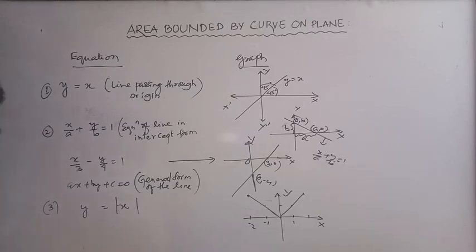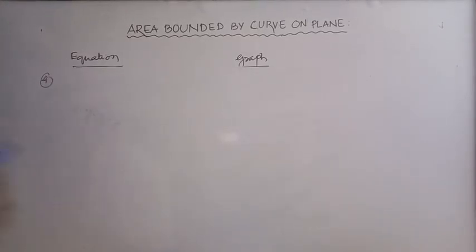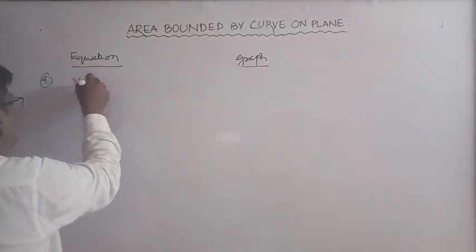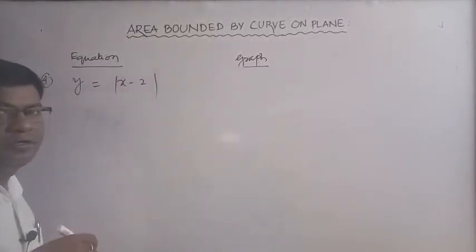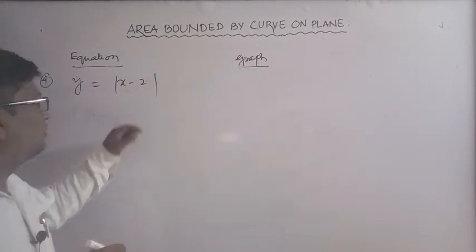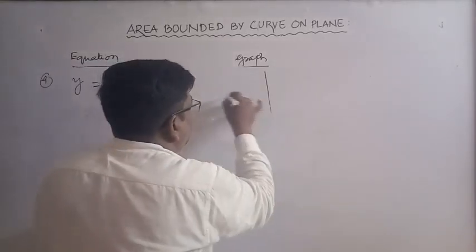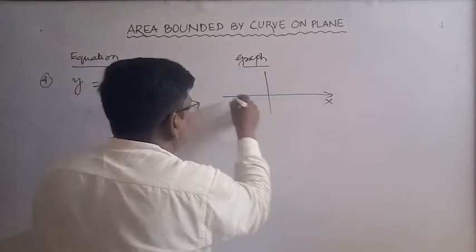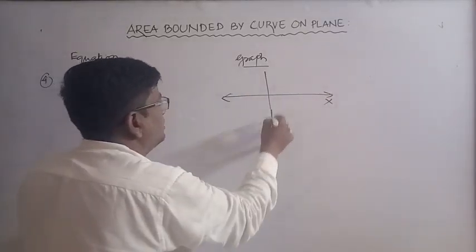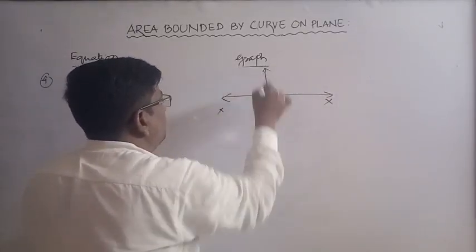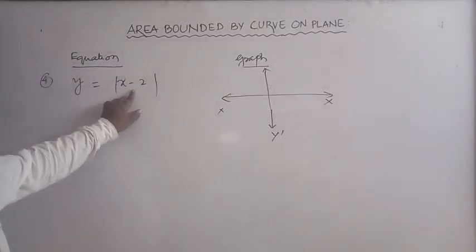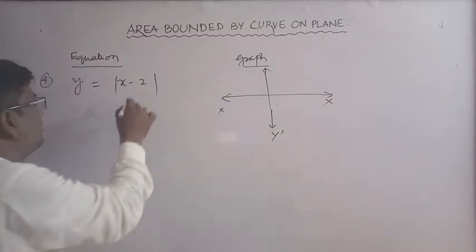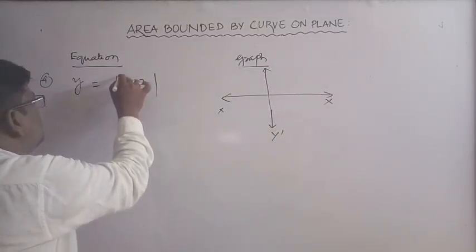Now the graph of y is equal to mod of x minus 2. Draw the coordinate system, the x-axis and y dash. What is the critical point here? The critical point means the expression inside should be 0.